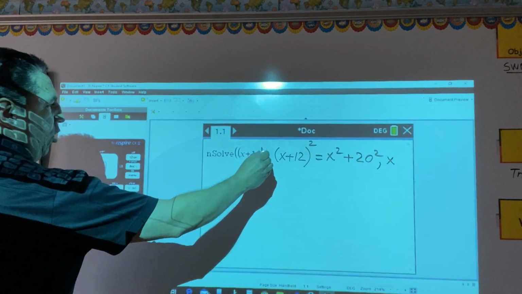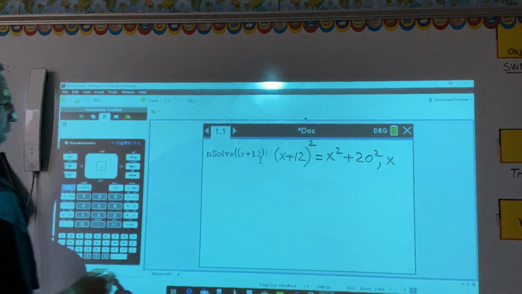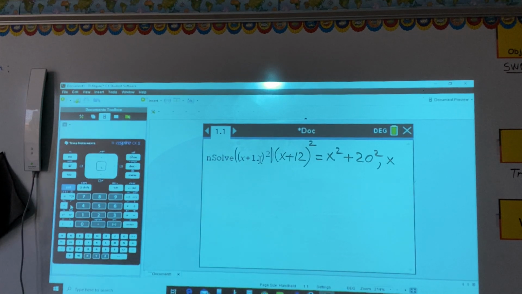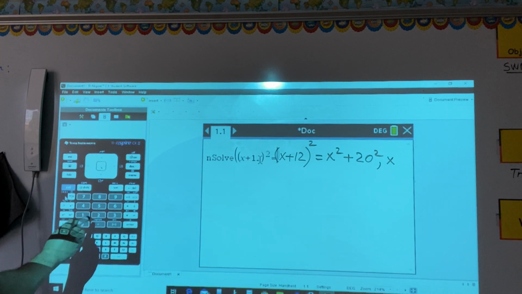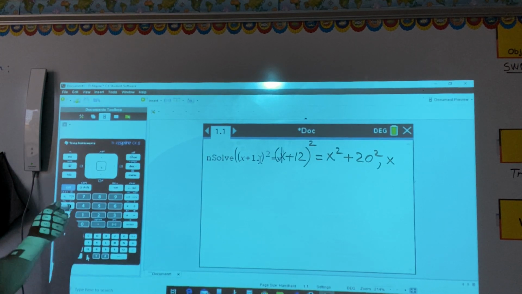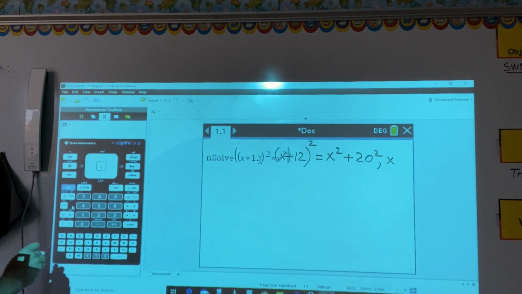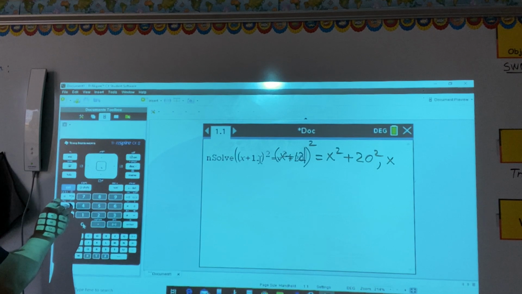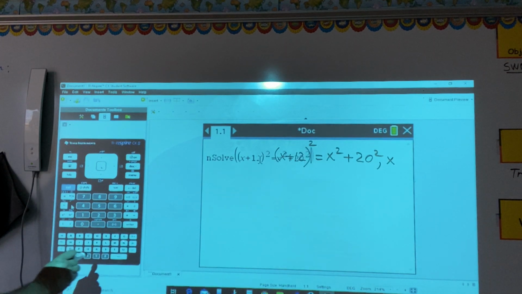Then we square this expression, then equals x squared plus 20 squared, and then comma x.